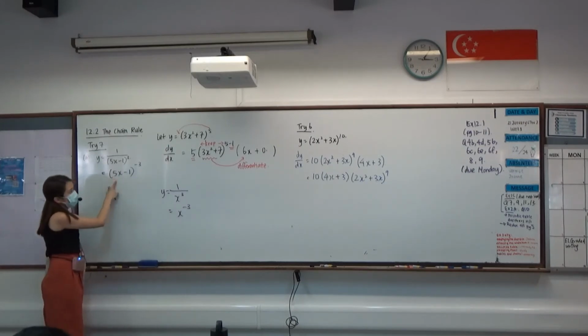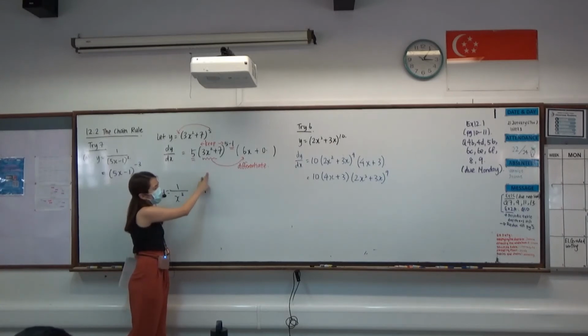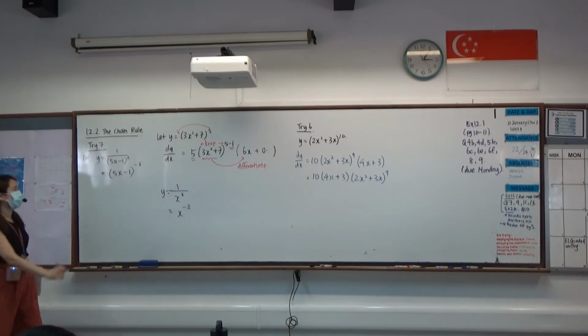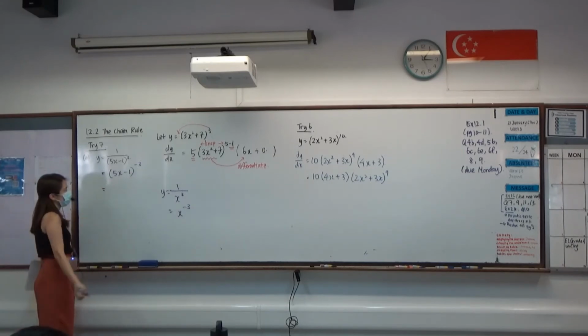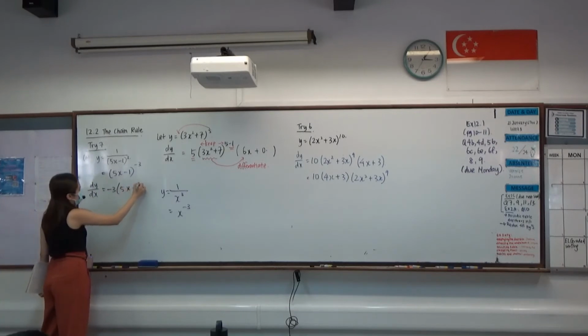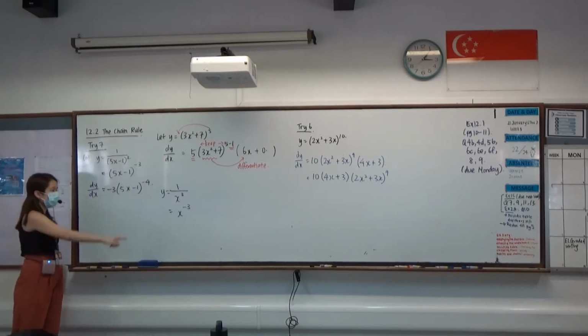So now that I have it in this manner, we can still apply our chain rule that we have just learned, even though the power is negative. Okay, so even if it's fraction, we can also do that. So bring down the power. Okay, so remember put dy over dx. Bring down power, keep, and then minus 1.